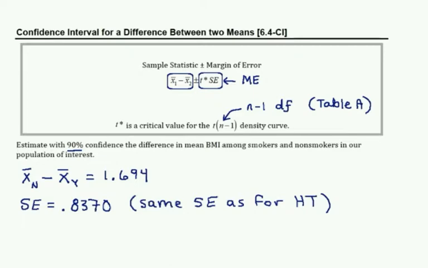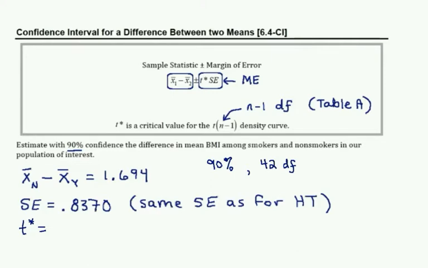Now let's go ahead and look up our t star critical value. Remember that we have 90% confidence here and 42 degrees of freedom, which we got from our smaller sample being of size 43. The conservative degrees of freedom, we take the smaller of the two n's and subtract 1.